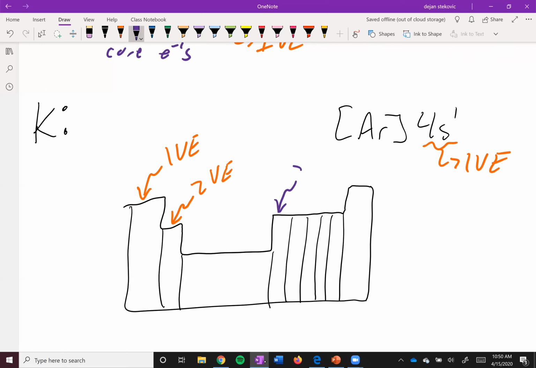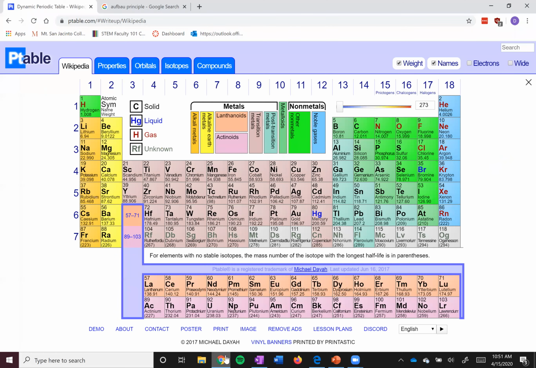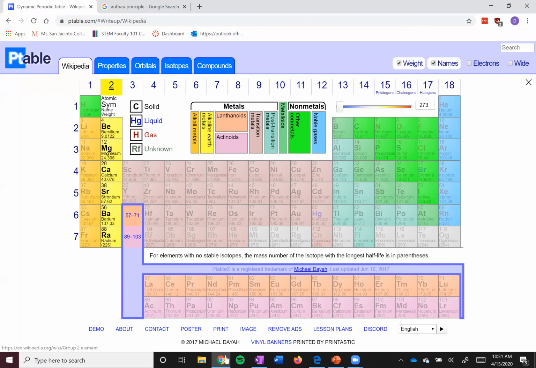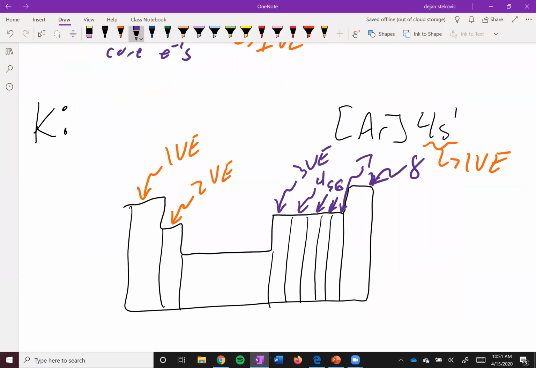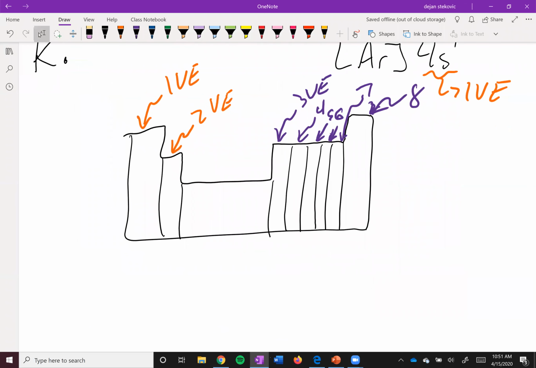Everything in group 3 has 3 valence electrons, then 4 valence electrons, 5, 6, 7 valence electrons, and then 8 valence electrons. So if you look at the periodic table, 1 valence electron, 2, 3, 4, 5, 6, 7, and then 8. For now, we're just going to ignore these transition metals. We're just focusing on the main block elements.